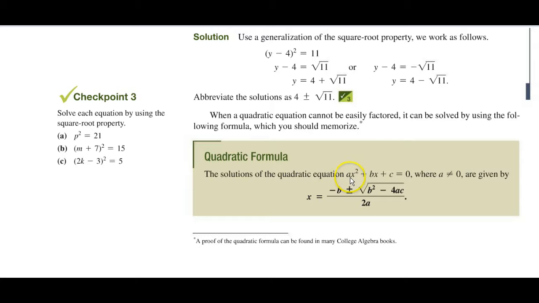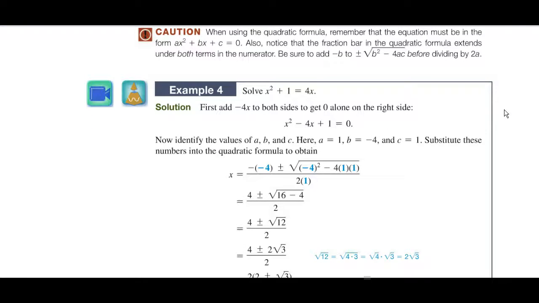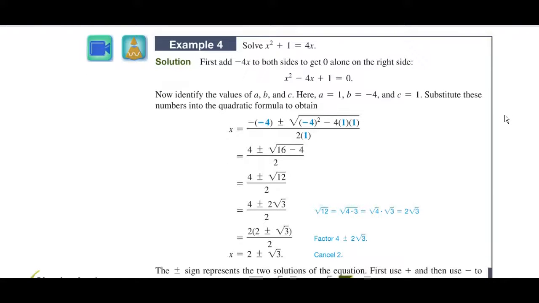But you need to know values of a, values of b, and values of c to put into this formula to actually get a solution. So with that in mind, we go to our next page, and we take a look at the quadratic formula.